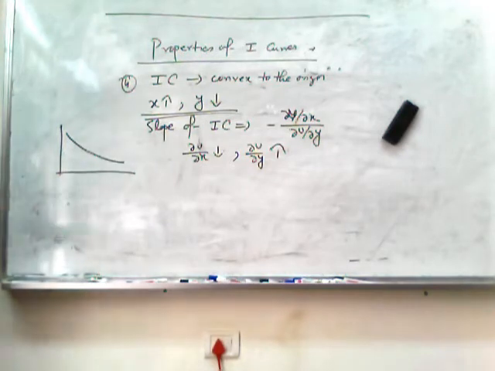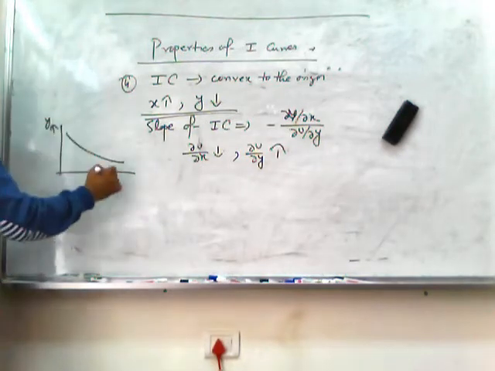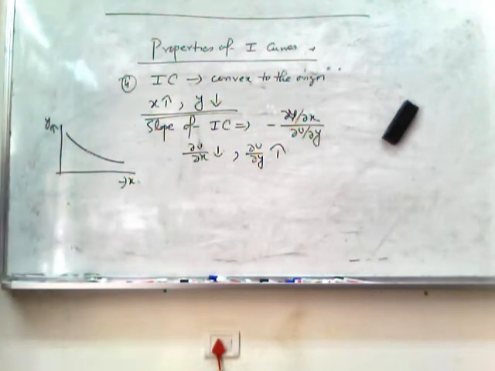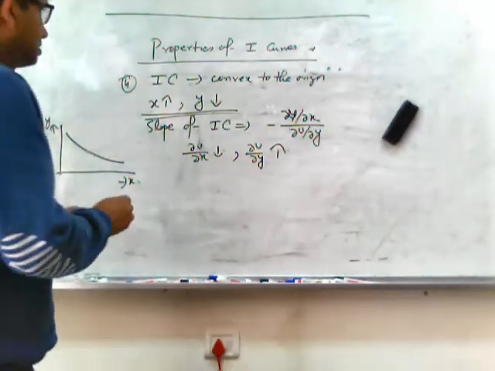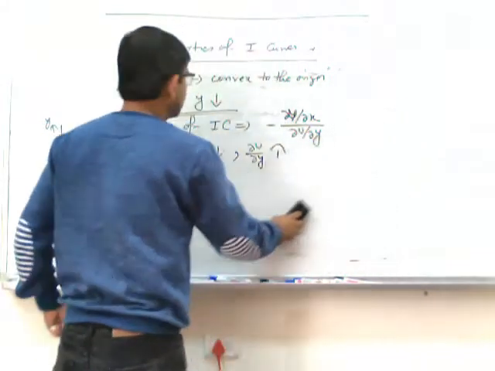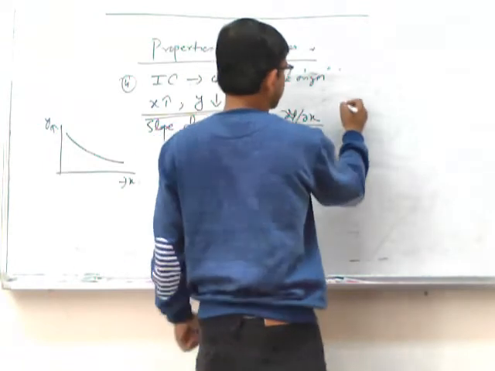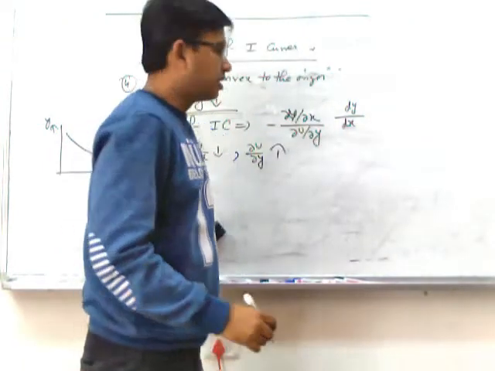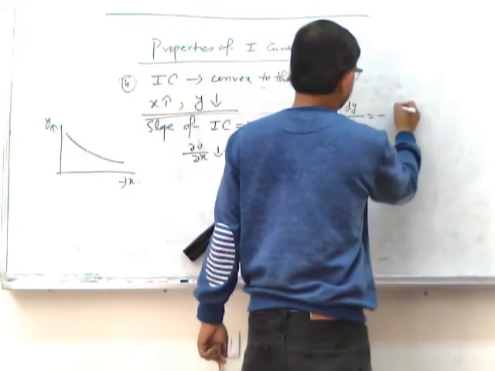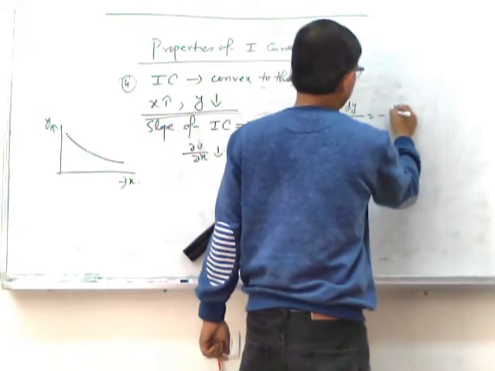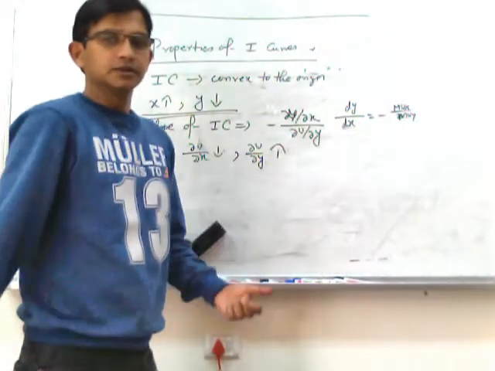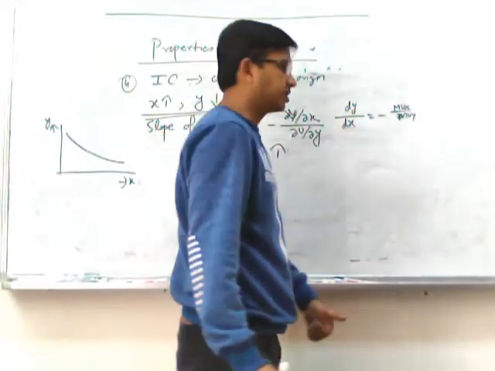So, this is convex to the origin. We can prove it mathematically also. So, if we start from the slope of the indifference curve, it is given as equal to minus of mu x by mu y. So, if we do the second order differentiation, what will we see?